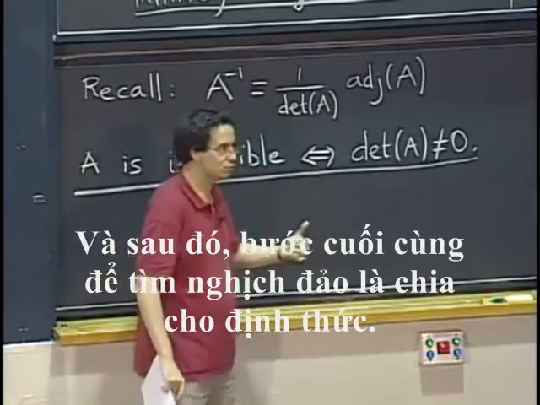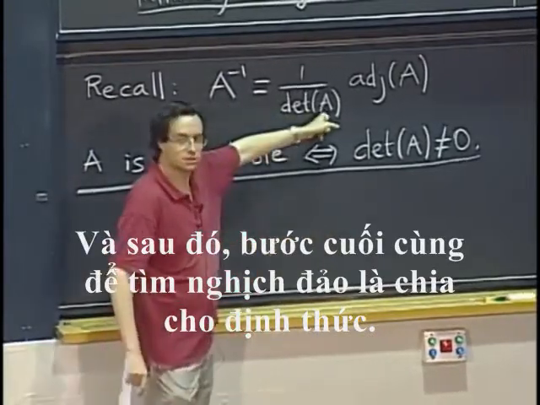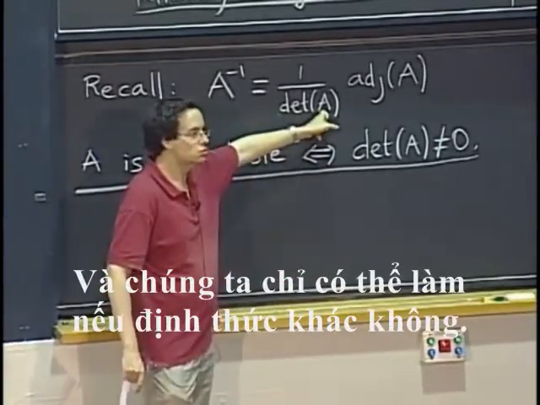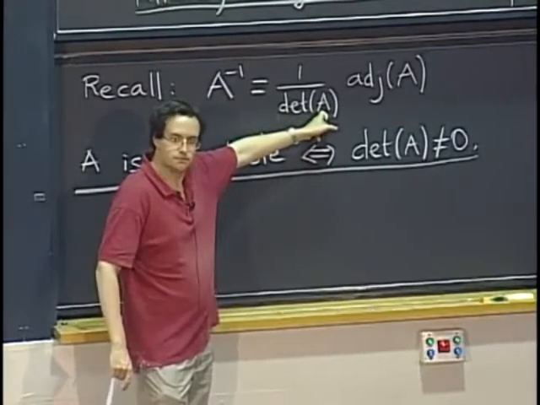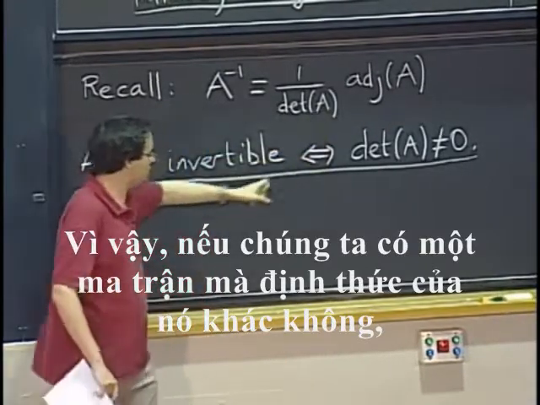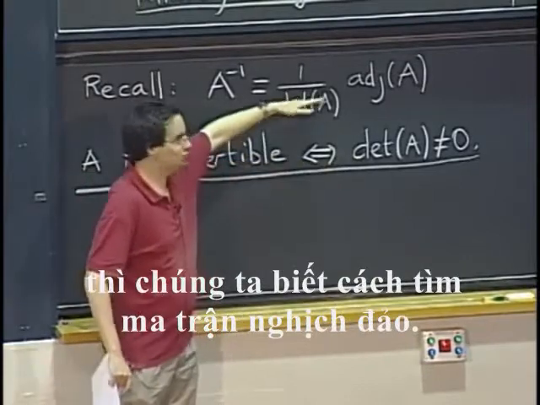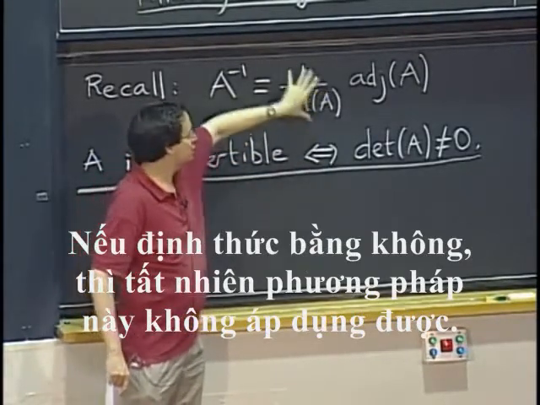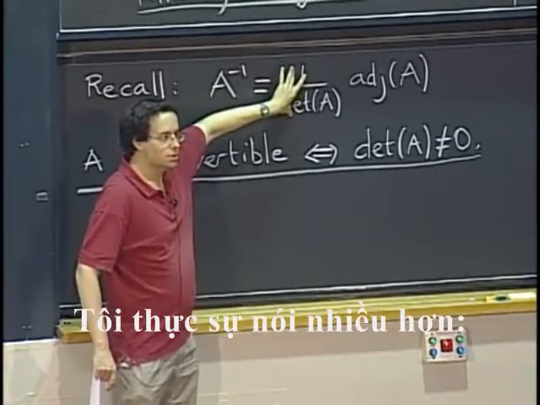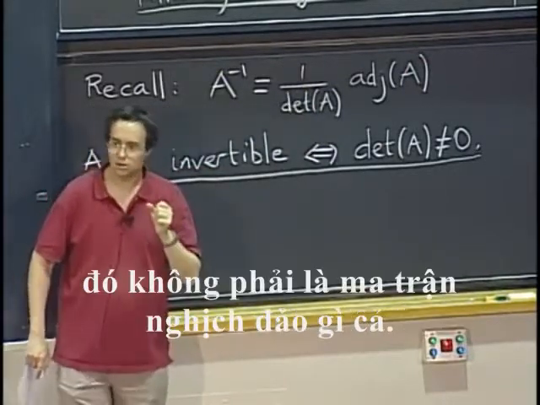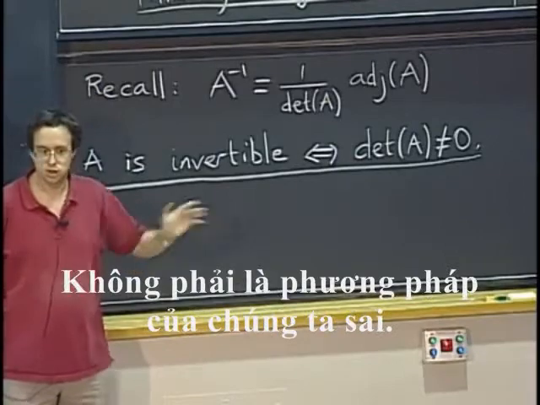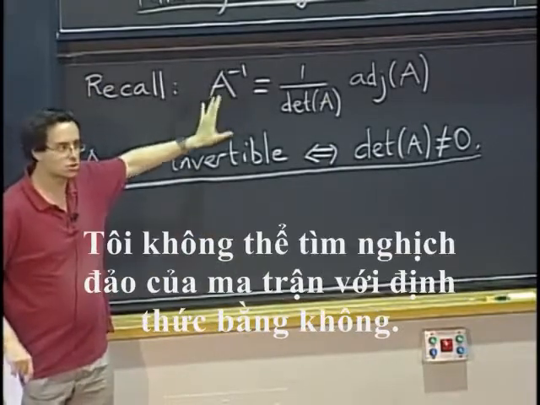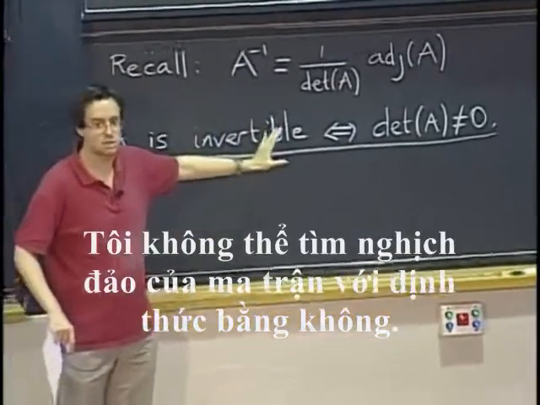The last step to find the inverse is to divide by the determinant, and that we can only do if the determinant is not 0. If the determinant is 0, then of course this method doesn't work. But I'm saying even more: there isn't an inverse at all. It's not just that our method fails. I cannot take the inverse of a matrix with determinant 0.